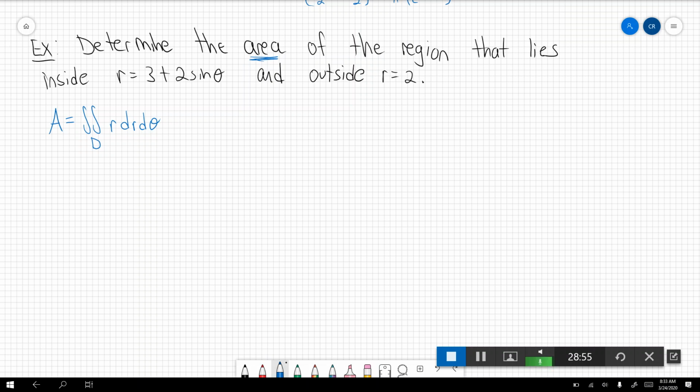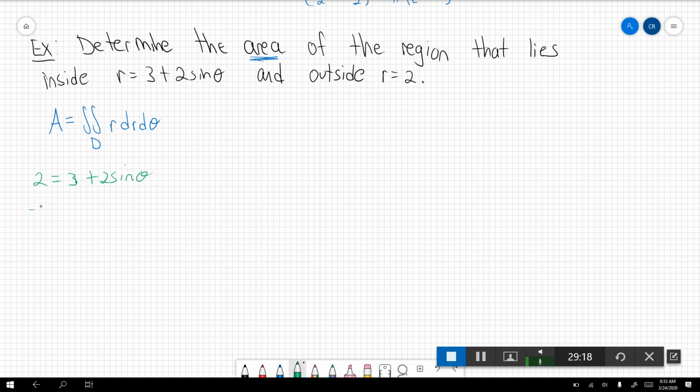So what we need to do really quickly is find when these two curves intersect. Well, the two curves intersect when they are equal to one another. r = 2 and r = 3 + 2 sin θ.